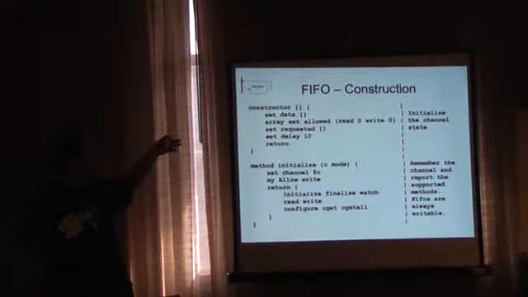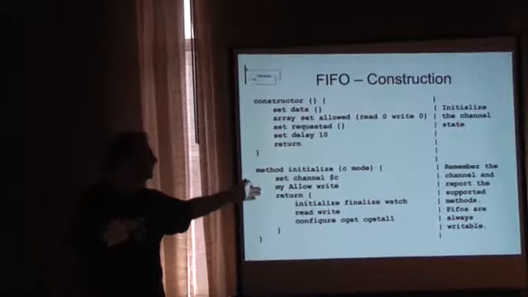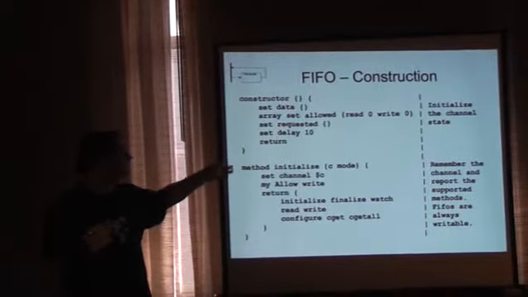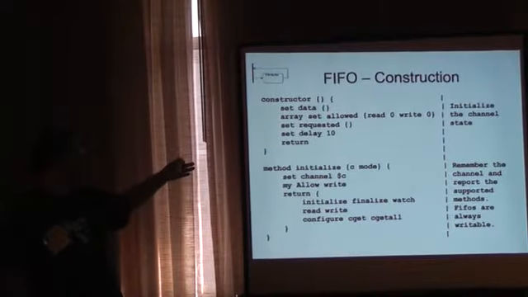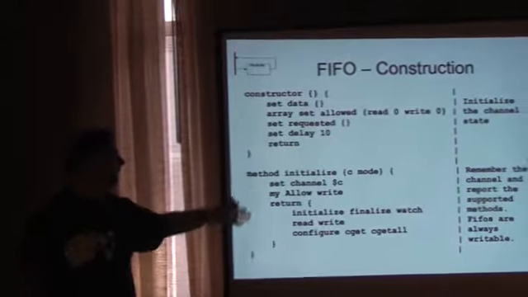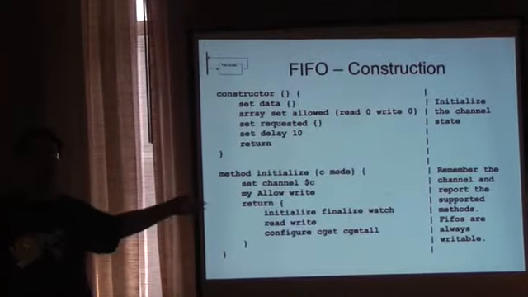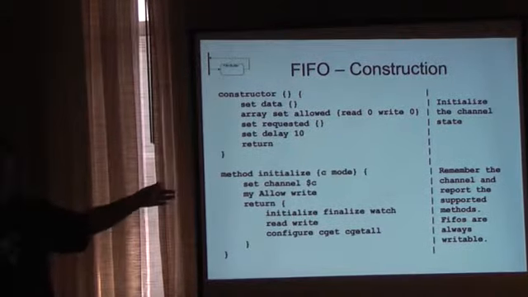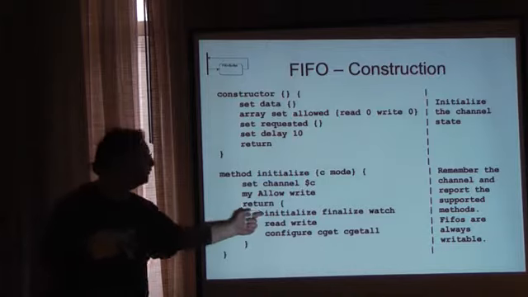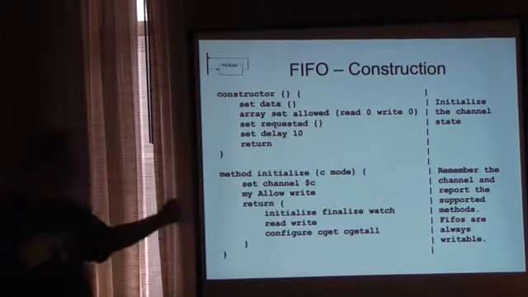And actually, configure or cget and cget all is needed. You can have read-only options or write-only options, so you can choose there a bit more. The watch method is needed for the event handling. If you don't have that, then your channel is not supporting events. And the last method is finalize.